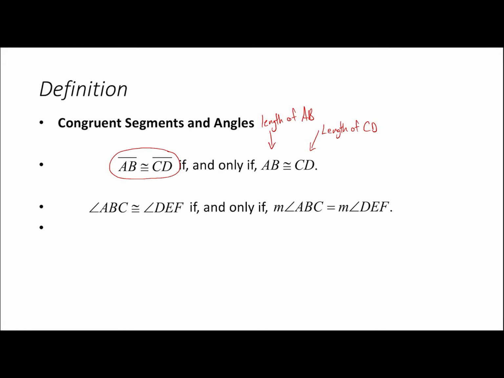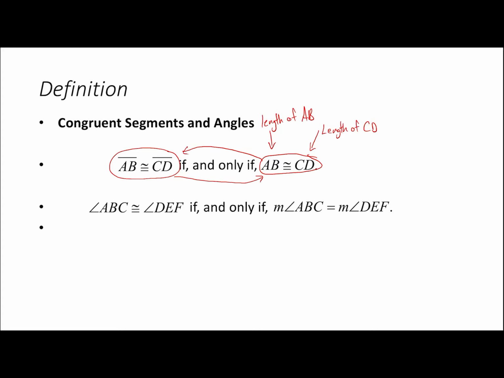So this is length of CD. So when we talk about congruent segments, they're only congruent if they have the same length. And this if and only if statement means that this goes both ways. So if the segments are congruent, then that indicates their lengths are the same.